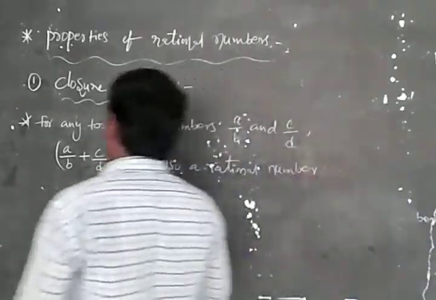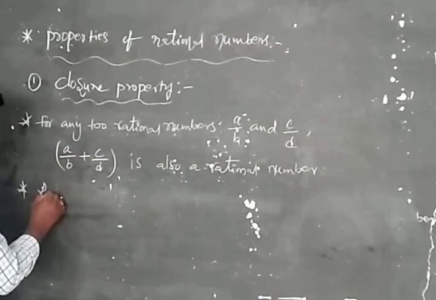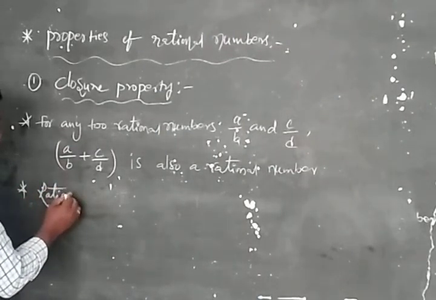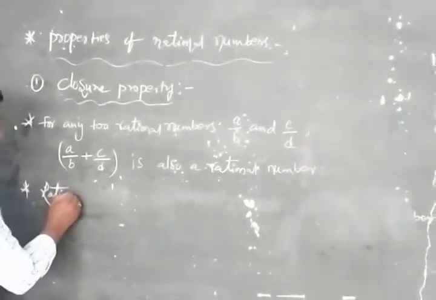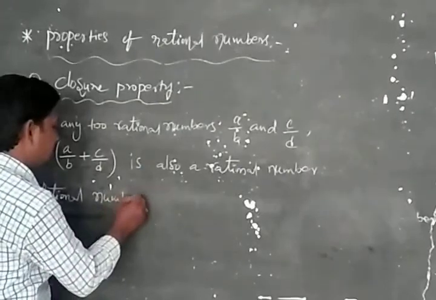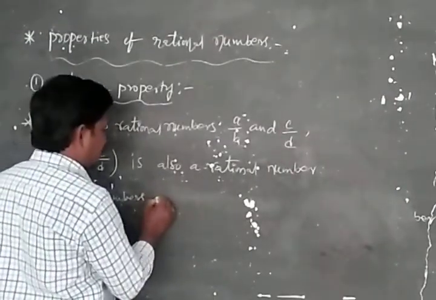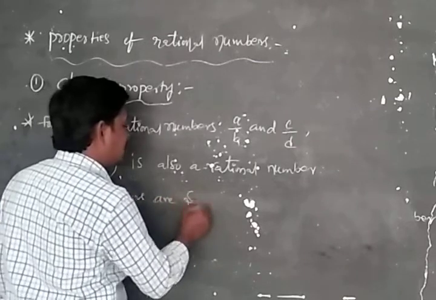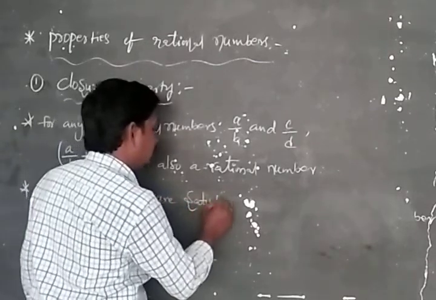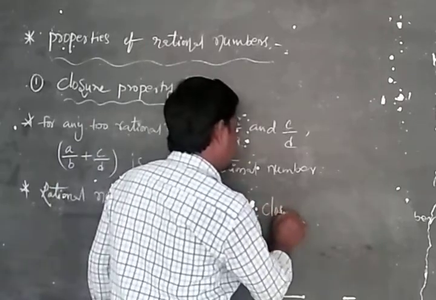So that's why rational numbers satisfy the closure property.